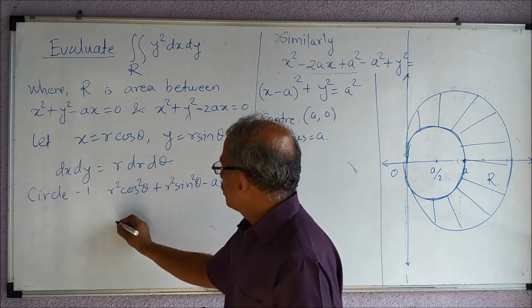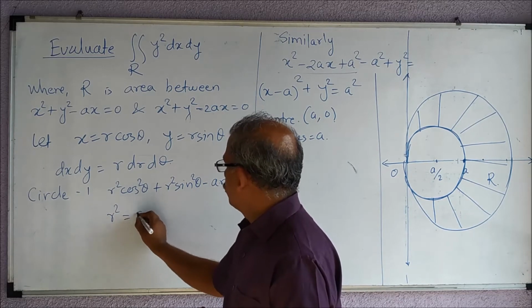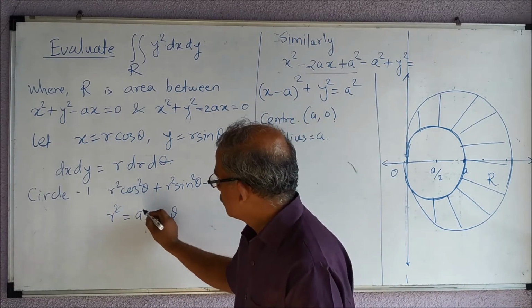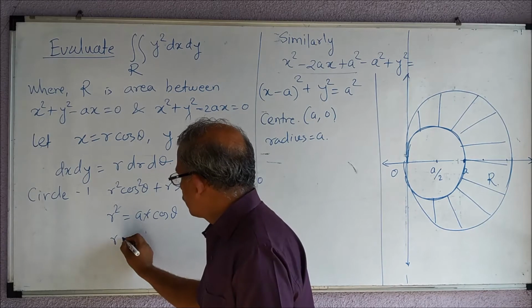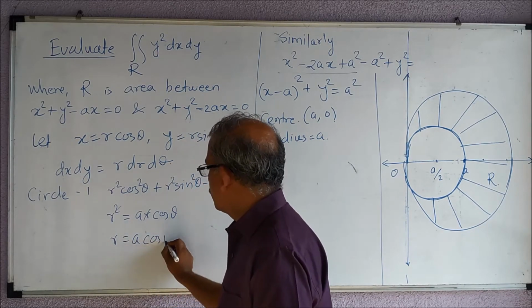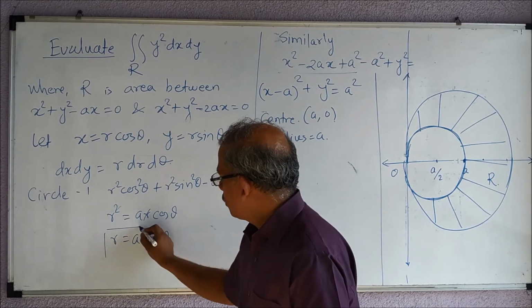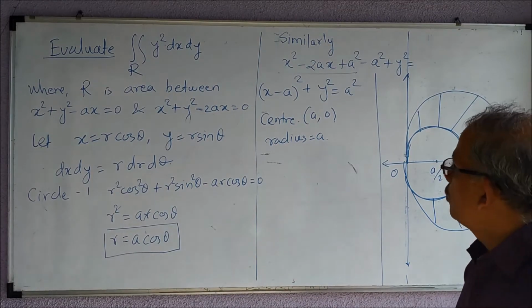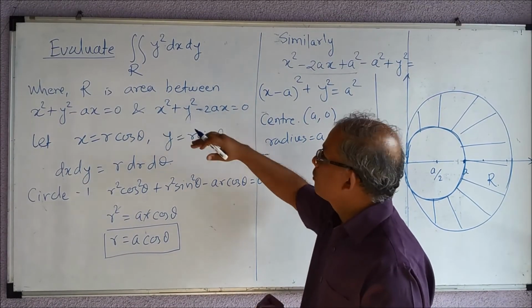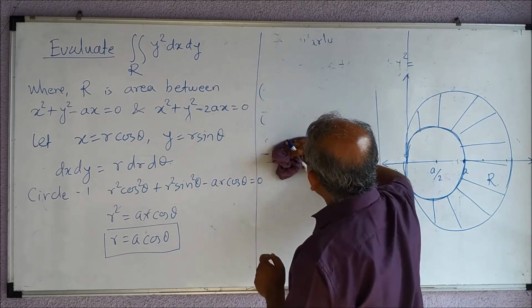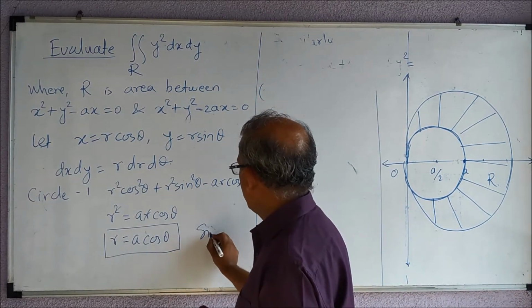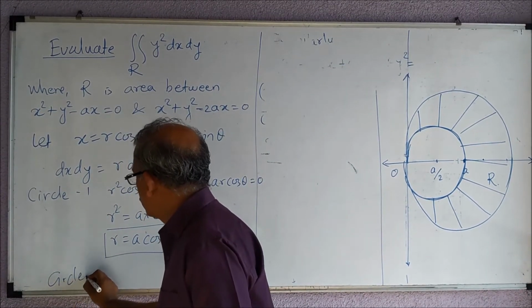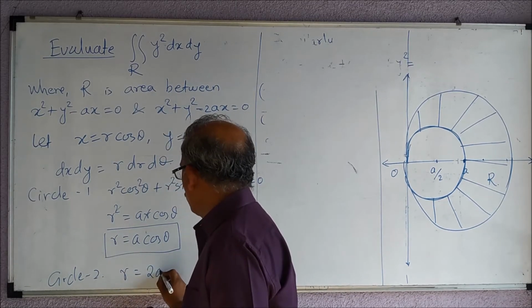Now this is r square equal to a r cos theta, and one of the r gets cancelled, and the circle equation becomes r equal to a cos theta. This is the equation of this circle in polar form. Similarly, you can obtain the equation of the other circle in polar form. Circle 2 is r equal to 2a cos theta.